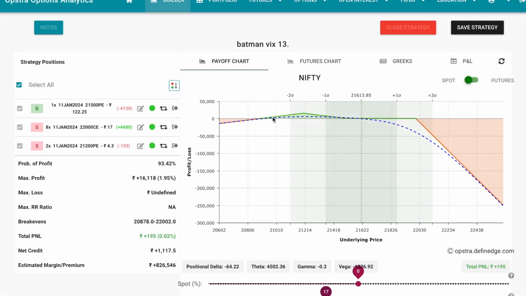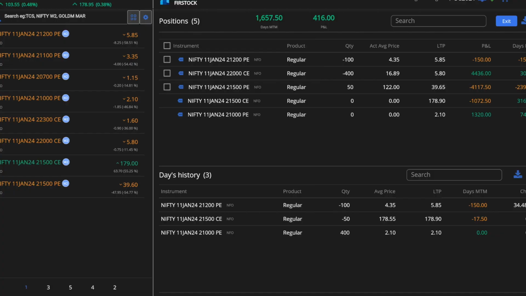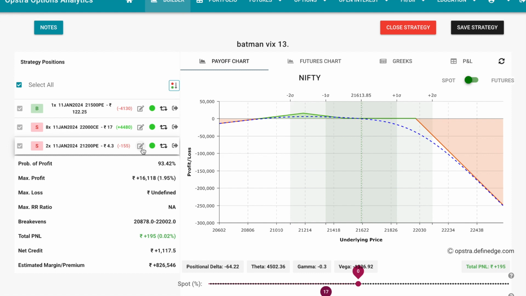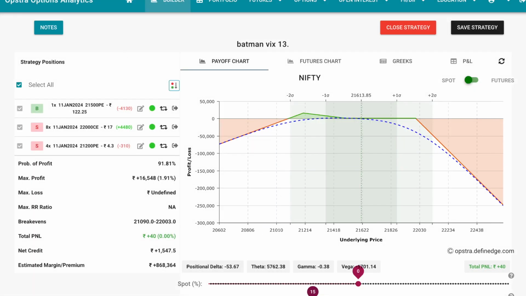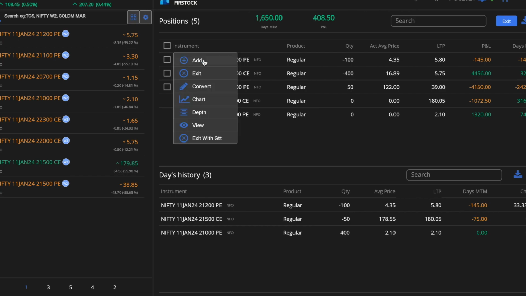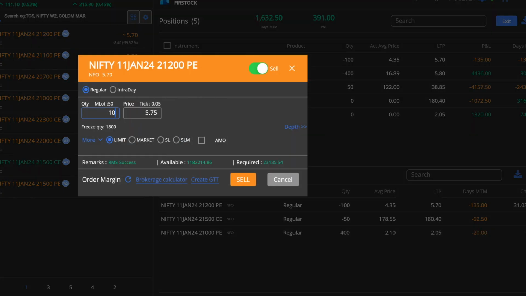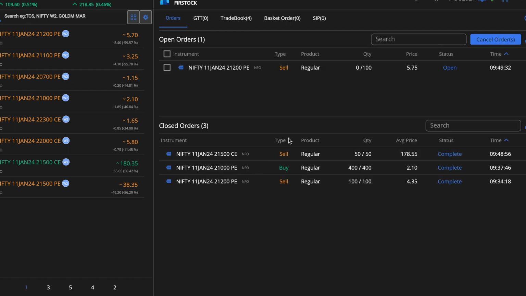Here, there's a strategy. Okay, so you can increase the risk at 21,200. How much? 4. Yes, 4 lots is fine. Can add 100 and sell at 5.75.